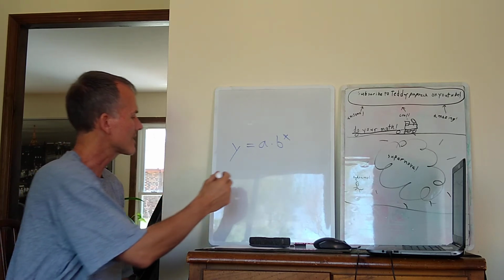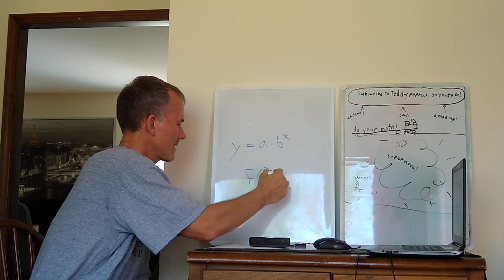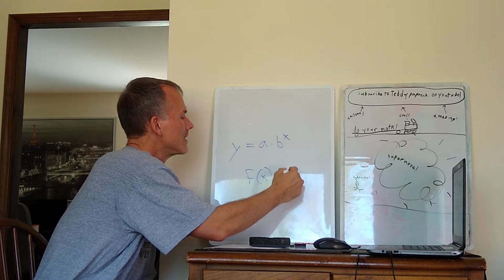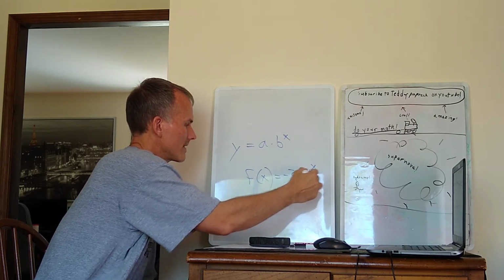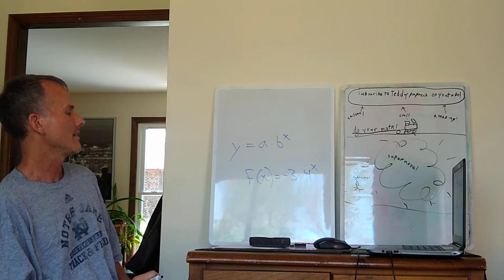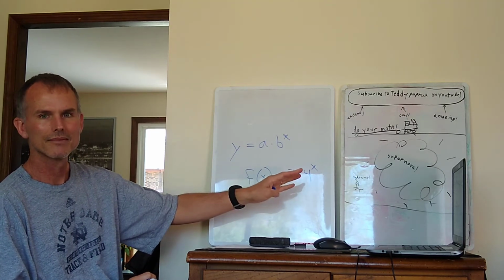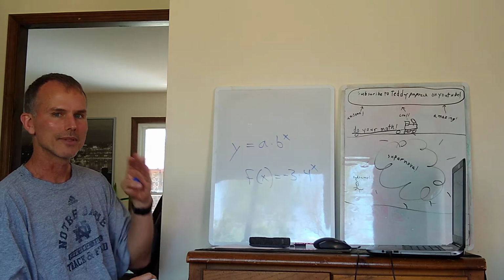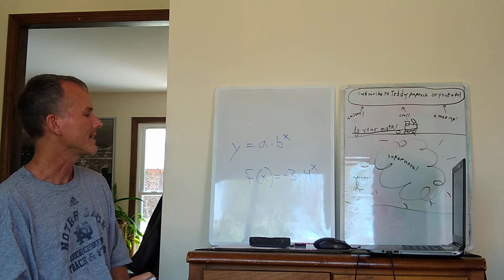So just for example, if I had the function f of x equals, let's say, negative 3 times 4 to the x, well, the parent graph of that function would be 4 to the x. You can figure out what that looks like pretty easily just by applying a few points.